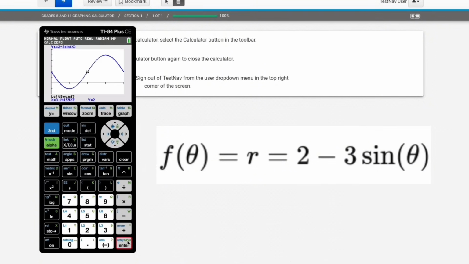I don't know why it took me forever to look for that. Let's scroll over and hit enter. It begins increasing at 0.72, and so on.